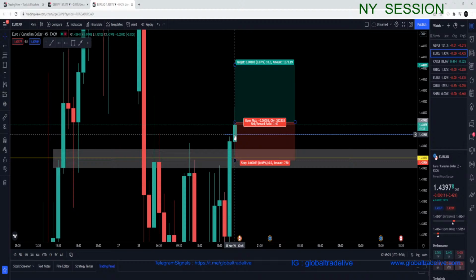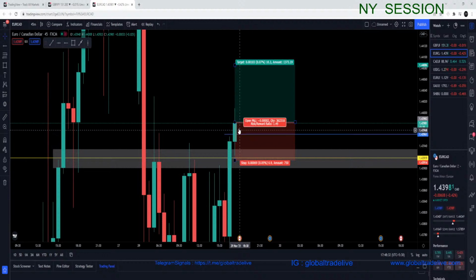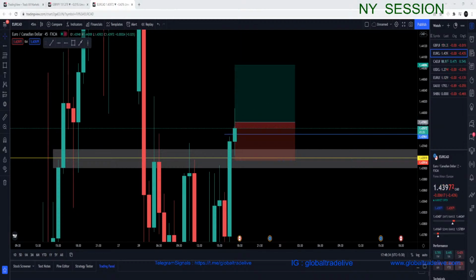So I think if the current 45-minute candle wicked down and broke this high, it should be moving up. It's just that we have a problem over here in this area.